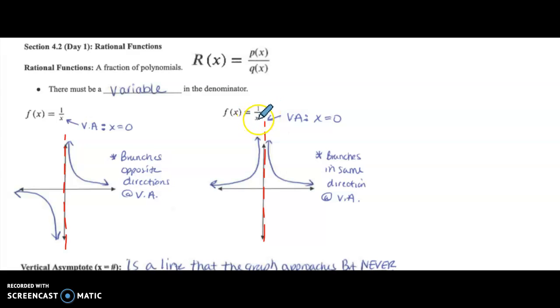Because if this is x squared, even if you substitute in a negative x value, because you're squaring it, you're going to get a positive y value. That's why this curve is up here. But in this first example, when you plug in a negative value for x, you're going to get a negative value for y. That's why it's down here.